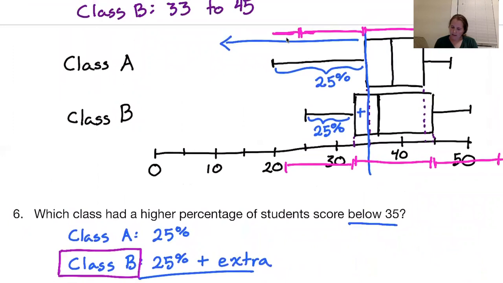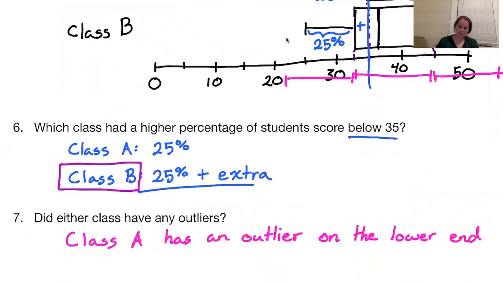Looks like the median for Class A was around 2 to 3, probably about 2 points higher than the median for Class B, 2 to 3 points higher.